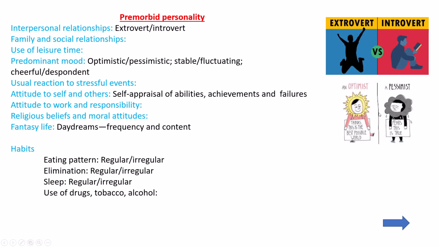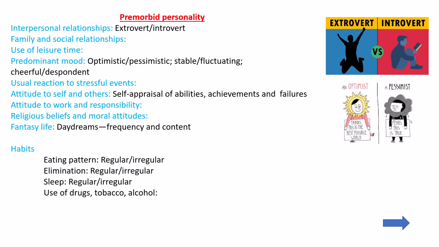They are always sad, they are always happy. Stable, fluctuating. Stable mind means these people are mostly stable minded. These people are sometimes fluctuating minded. Fluctuating mind in the sense they're happy, sad, they will study, then again they will not study. They will think this is good, then after they will think this is bad. Stable mind people say, okay, tomorrow I have to study, so I have to face all things. Then they will study. Whatever problems come, they will face. That is stable and fluctuating, and cheerful and despondent.